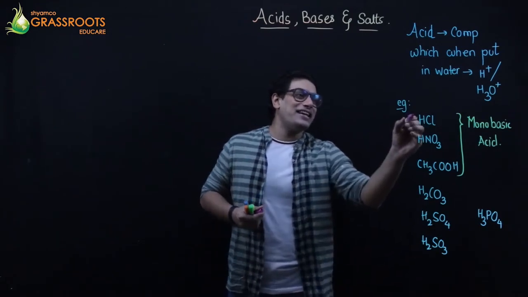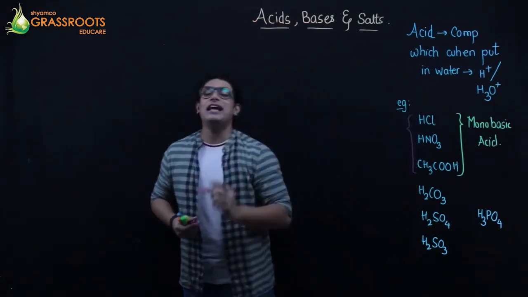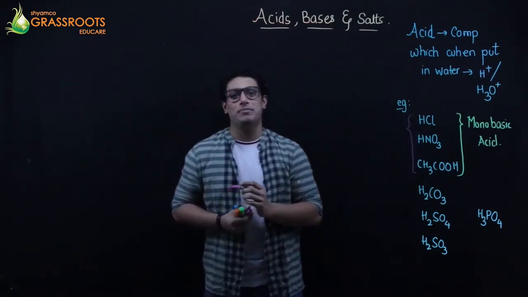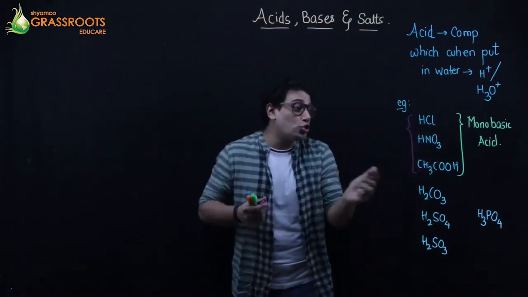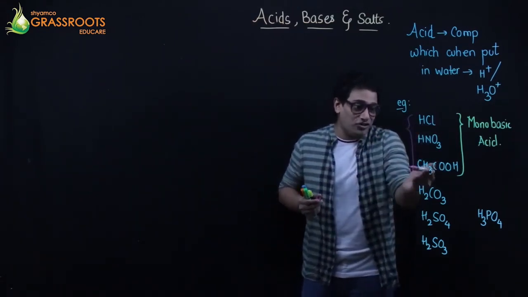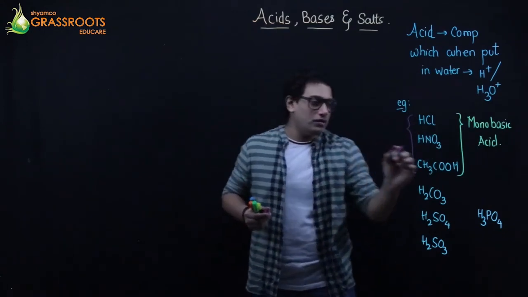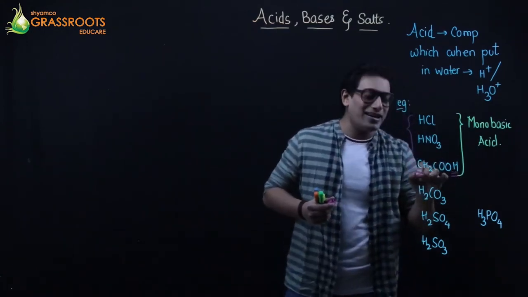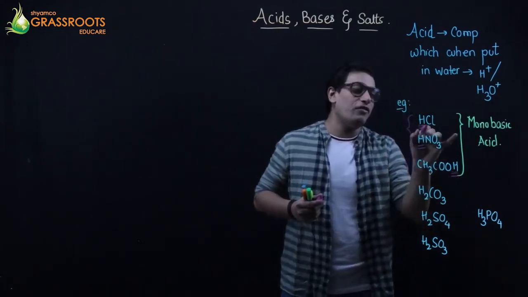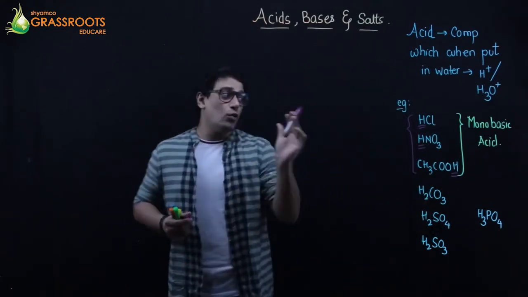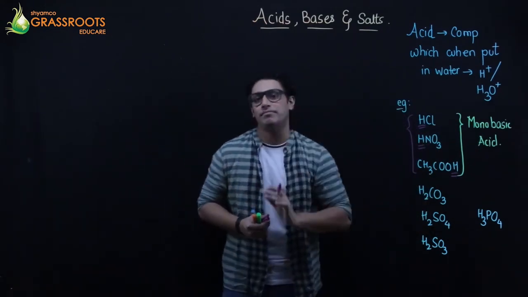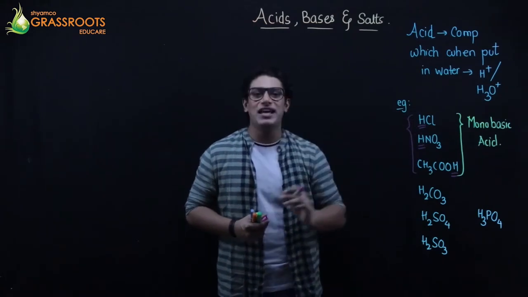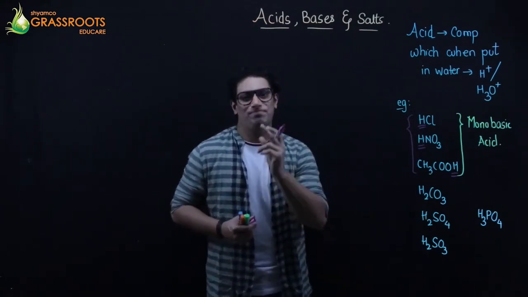These three acids can form only one hydrogen or hydronium ion. There is only one H. You will say, sir, there are 4 H's. No. There is only one H. This is like a methyl group. There is only one hydrogen ion. We call them mono. Mono means one. Monobasic means they can react with only one OH.